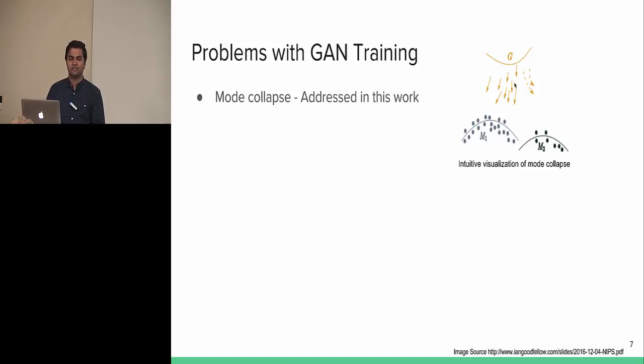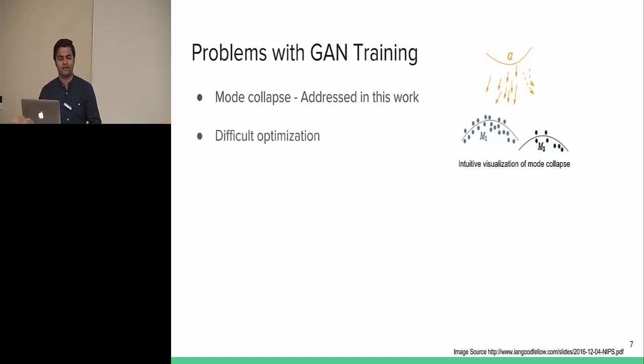So in this case, if you have a single generator, the generator might be more attentive to learning the mode which has more samples than the mode which has fewer samples. And this will result in a scenario where the generator will only learn one of the modes because it has seen that mode more often, and then collapse to that mode, where it will only generate samples from that and not learn to generate samples from the other mode.